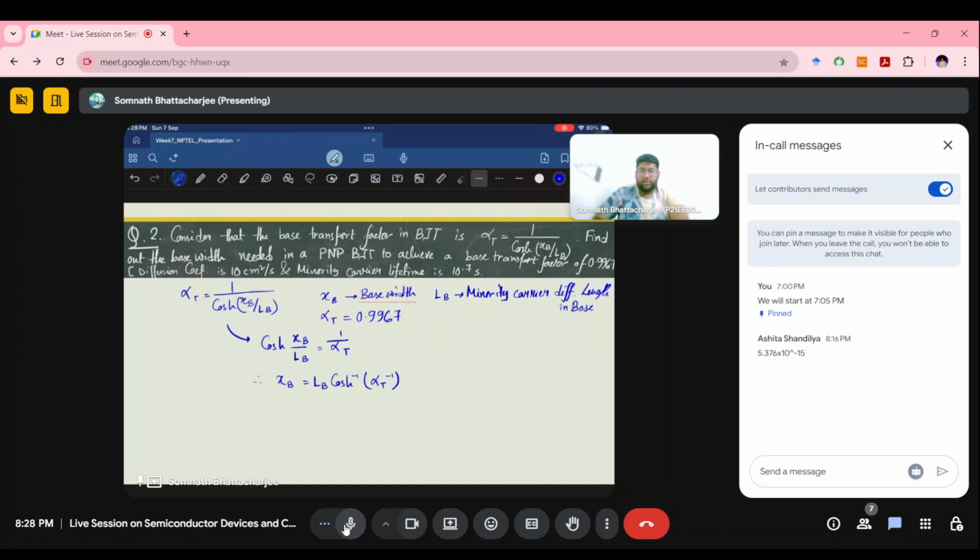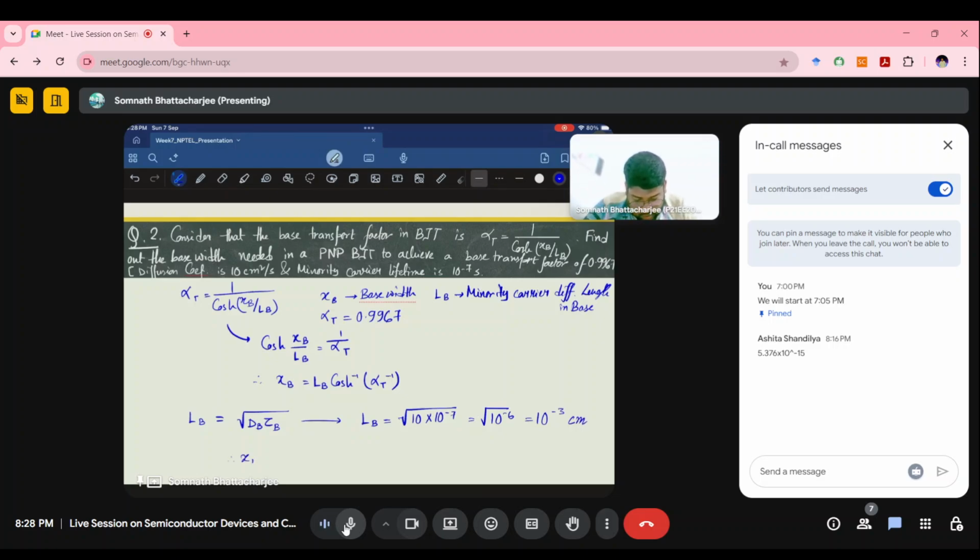Oh, sorry, I forgot to turn on my mic. So this should look like this, right? And based on that, we also know that the value of LB, the diffusion length, is nothing but root over DB tau B. So this is nothing but 10 multiplied by 10 to the power minus 7, that is root over 10 to the power minus 6, or 10 to the power minus 3. And this was in centimeter square per second times second, so this will be centimeter, right?